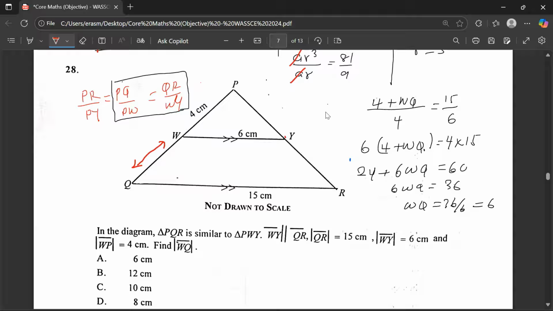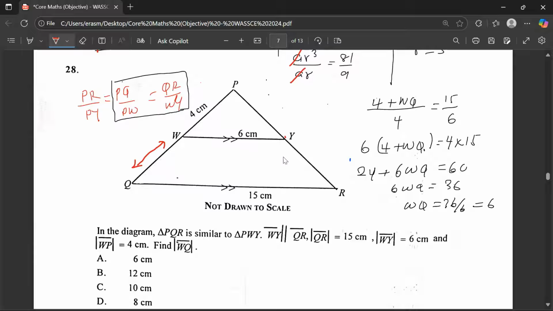So we are going to have line PQ. So this is PQ. PQ is 4 plus this line WQ, right? 4 plus WQ, all on PW. PW is 4. And this equals QR.